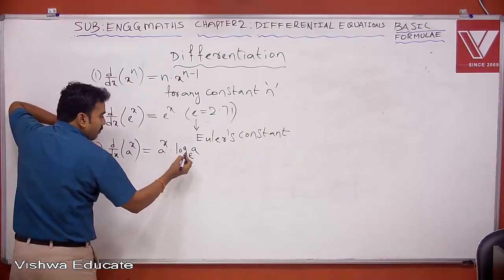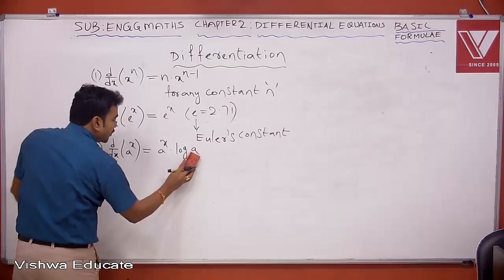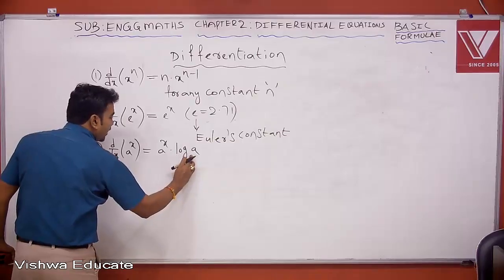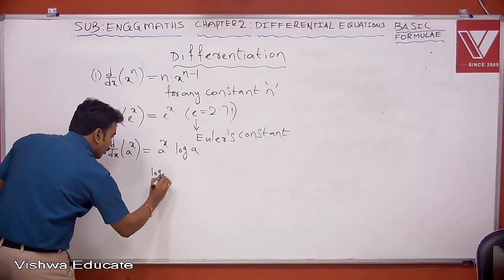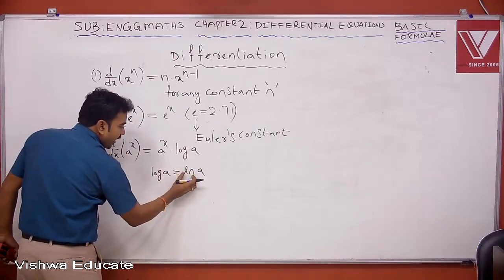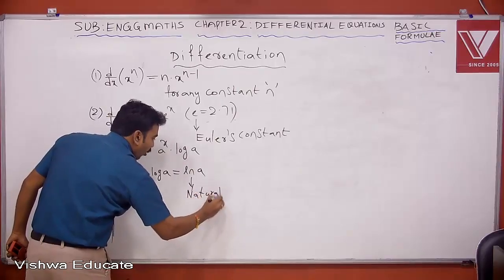If the base of a logarithm is not specified, by default it is e. So we need not mention that this is log a to the base e. If I write log a, by default it is base e. Or we have another notation: this log a can also be written as ln a, the natural logarithm.